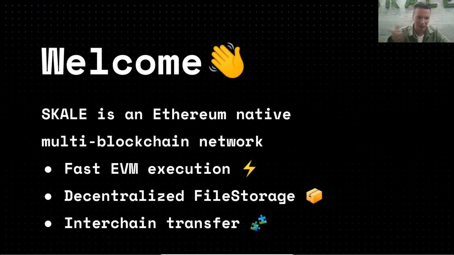The main features of SKALE are fast EVM execution, fast contract deployment, and very fast transactions. It has decentralized file storage that allows you to store your files right on the blockchain. It has interchain transfers that allow you to swap tokens between the chain and the mainnet and between chains.